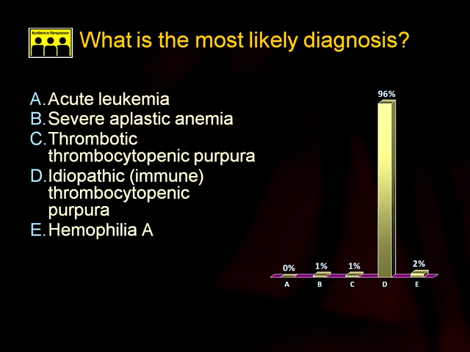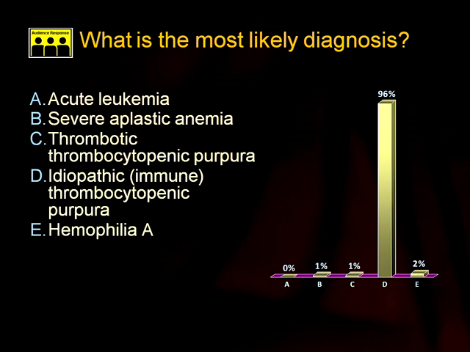On rounds, we always go to the ITP patient's bed, and we say, look at that child bouncing up and down on the bed with a platelet count of 3,000, making me nervous, okay? All right? The leukemia patient who is thrombocytopenic is not bouncing up and down on the bed. They're in pain, and they look like hell, okay? So your mental image of ITP is the well-appearing child.